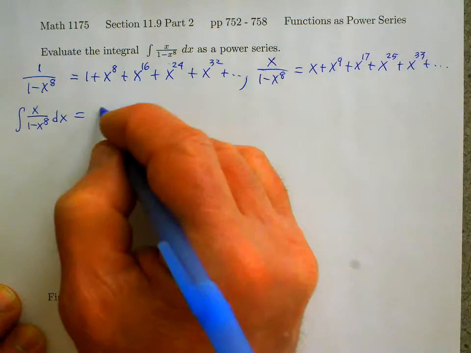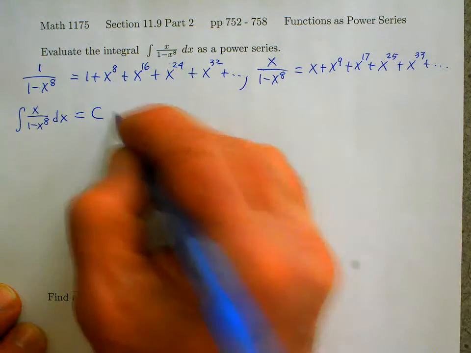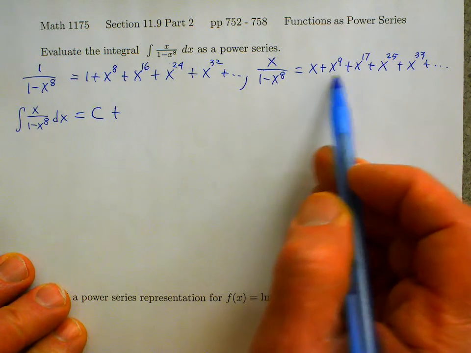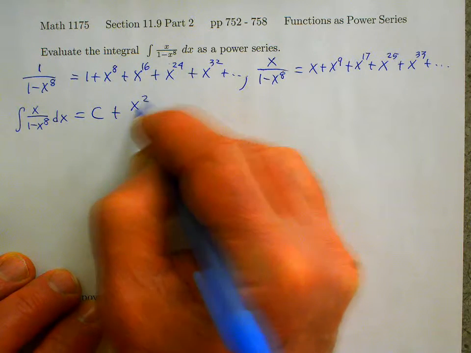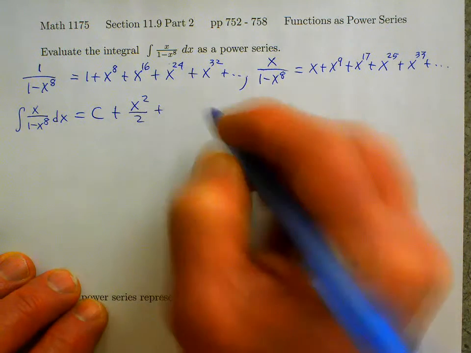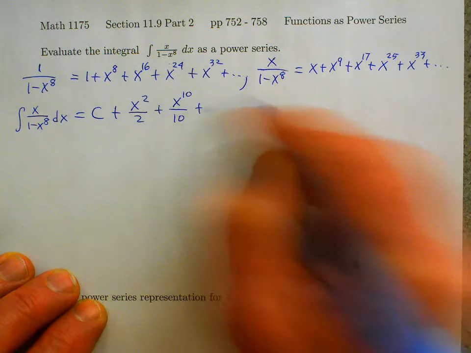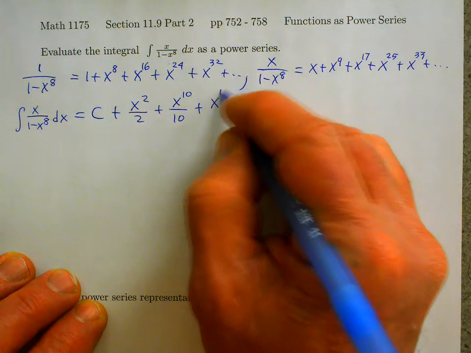So we'll include the constant of integration c, and then the antiderivatives of each of those terms. So x to the 2nd over 2 plus x to the 10th over 10, and so on, plus x to the 18th over 18.